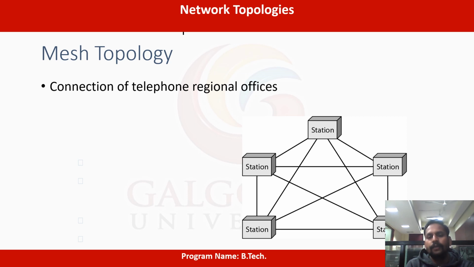So for the mesh topology it will take n into n minus 1 divided by 2 communication links. This much wire we need to make links among n devices. The connectivity wire will be the main problem in this mesh topology, because the cost is very high.